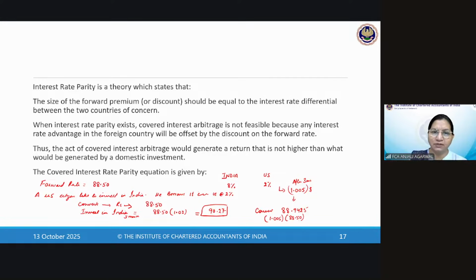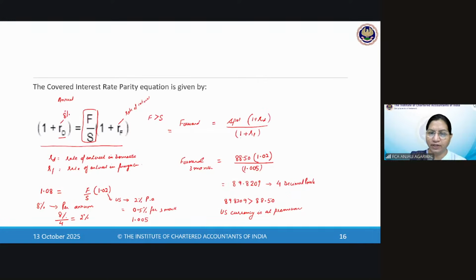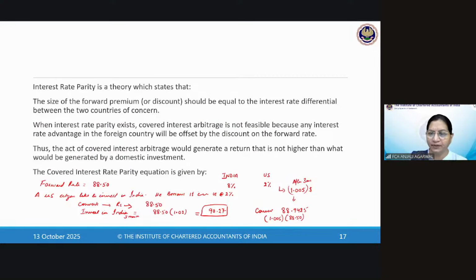Now let's substitute the rate of 89.8209 instead of 88.50. If you multiply 89.8209 by 1.005, you will end up getting exactly 90.27. So if the forward rate remains 88.50, a person will get an arbitrage opportunity. How?